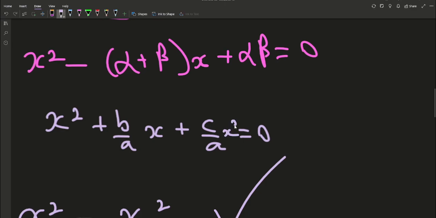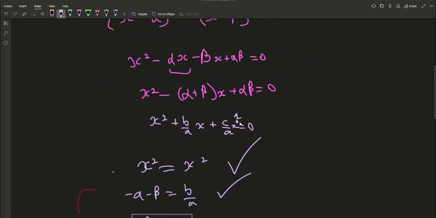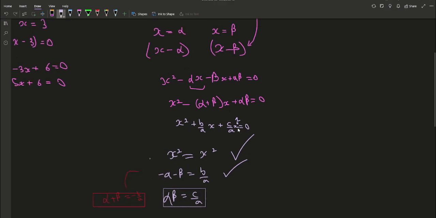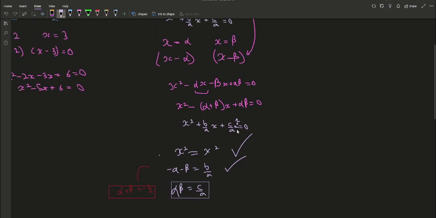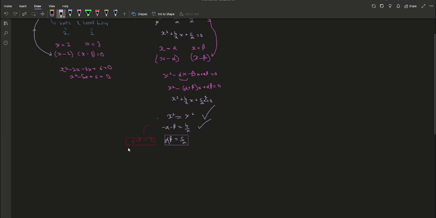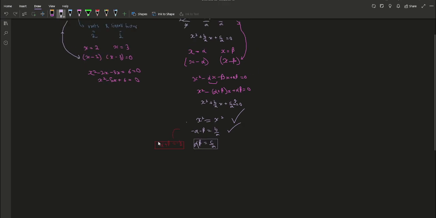There is x, but it has 0 as a power, which is basically equal to 1, right? We just don't write it there. So alpha beta equals the coefficient of x to the power 0. So these are our two Vieta's formulas for quadratic equations.